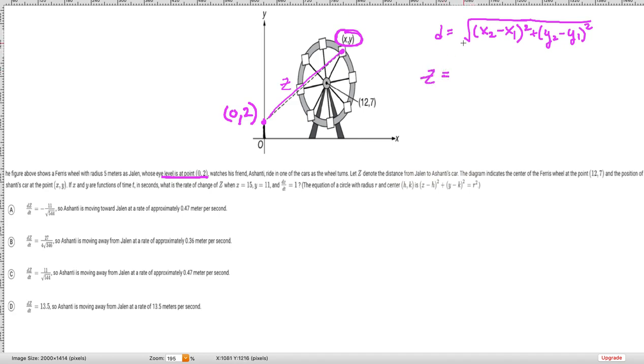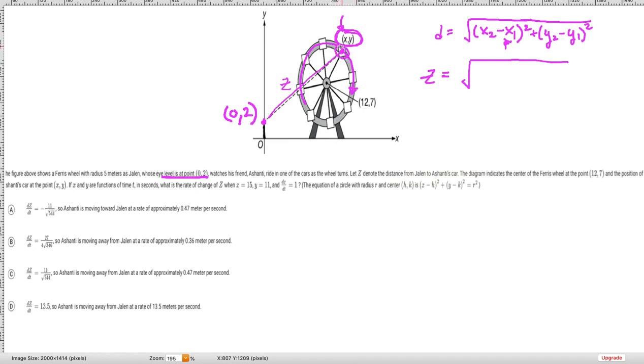So we want to find z. We know one of the points, but the other point is any point, so we leave that as x comma y. I'll make x2 this value that's changing as the Ferris wheel turns. The eye level that this person is watching from, this is Jalen, and they're watching Ashanti in the Ferris wheel cart.